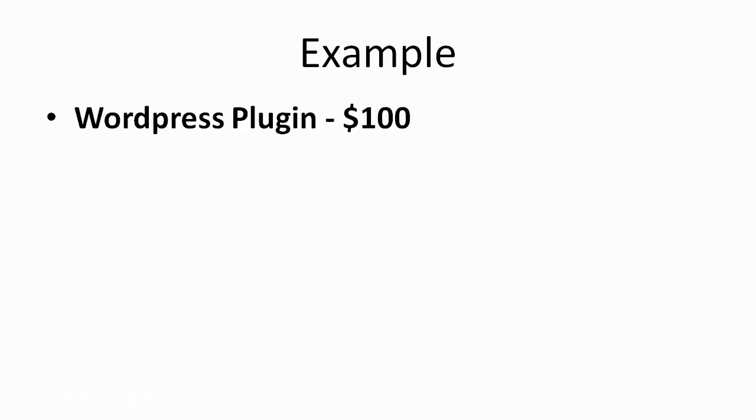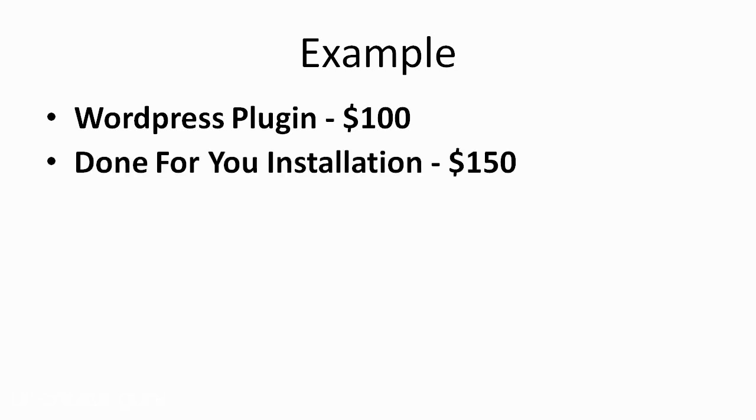So let me give you an example, just sticking with the example that we've been talking about in the previous videos. So the WordPress plugin is $100, right? We'll say that the objection is time. So if the objection is time, then done for you packages are probably going to sell like crazy.